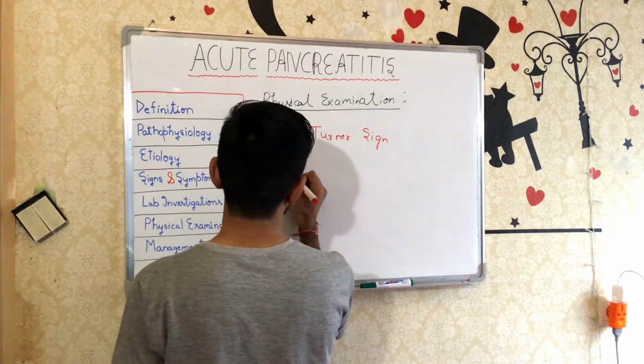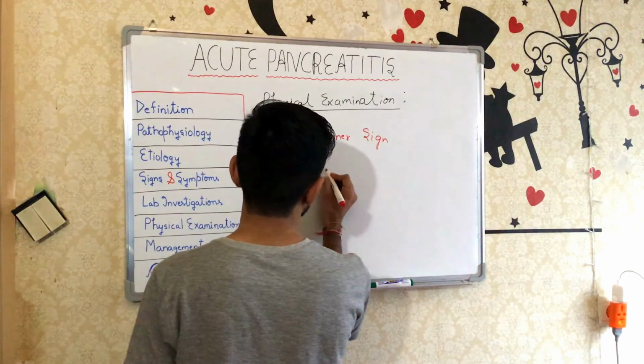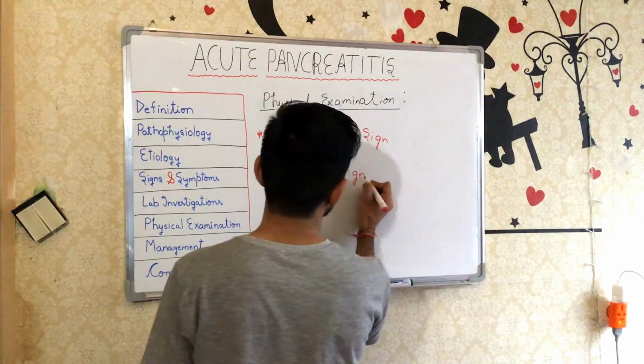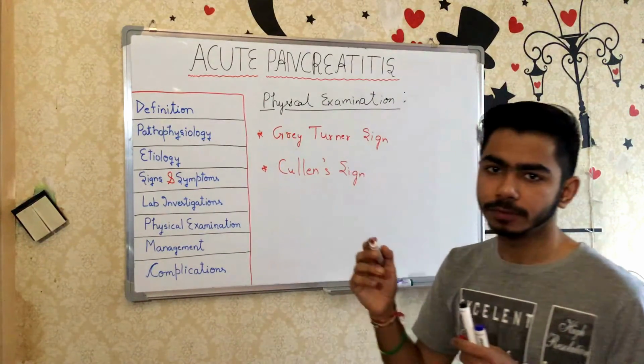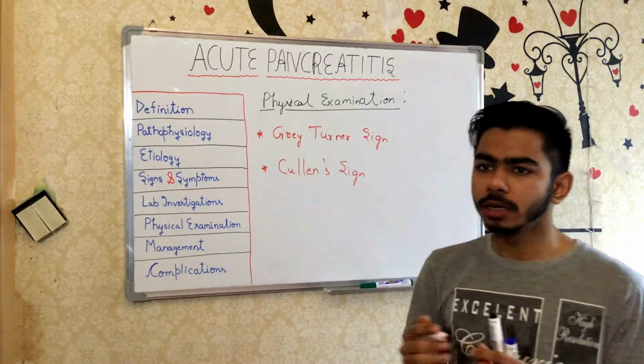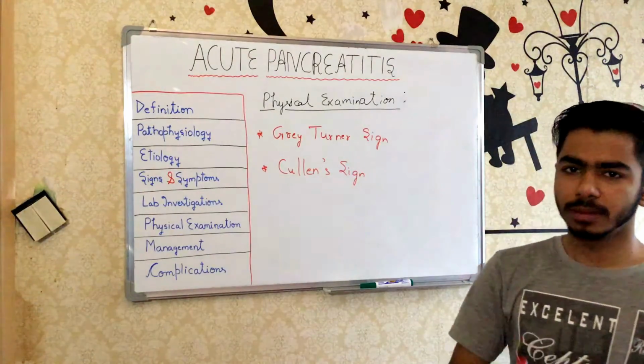These are the most specific ones for acute pancreatitis. We can see such signs on the patient's body.